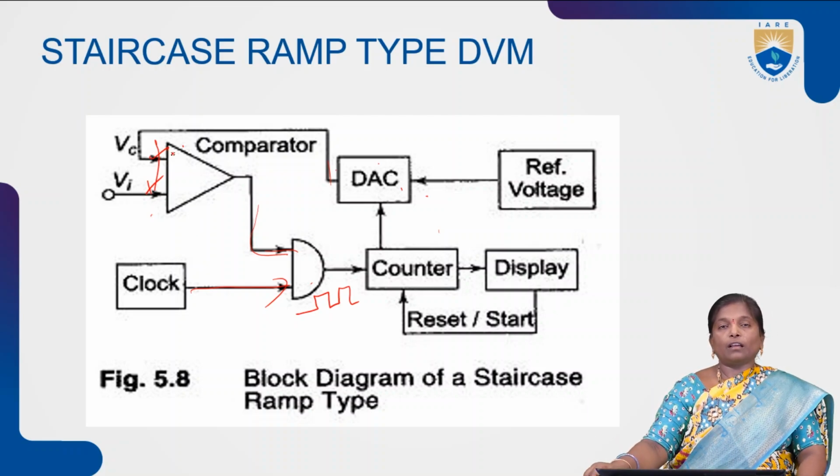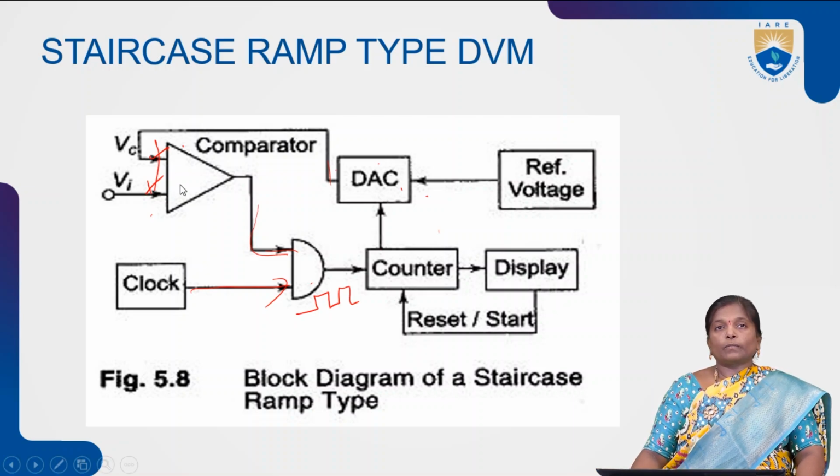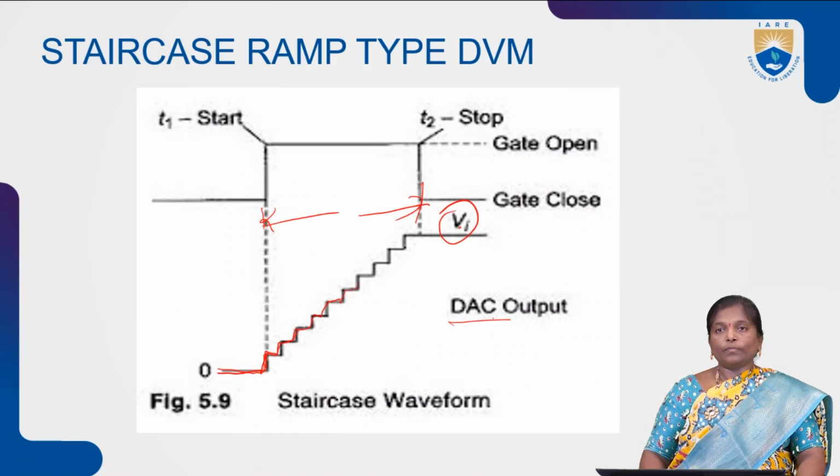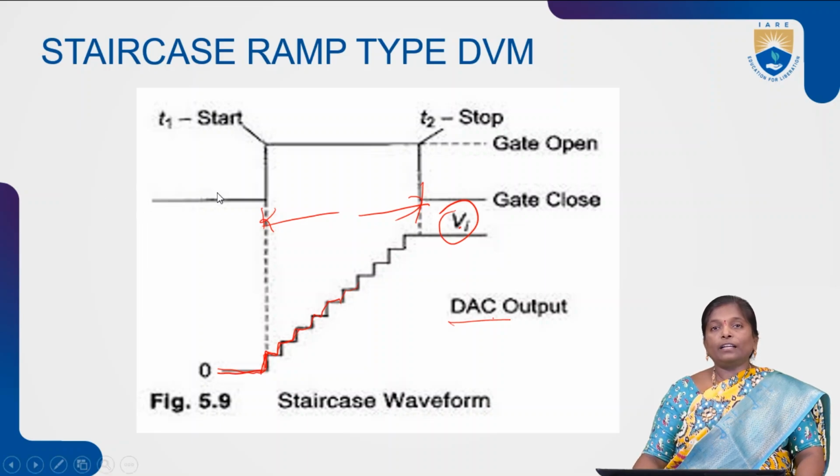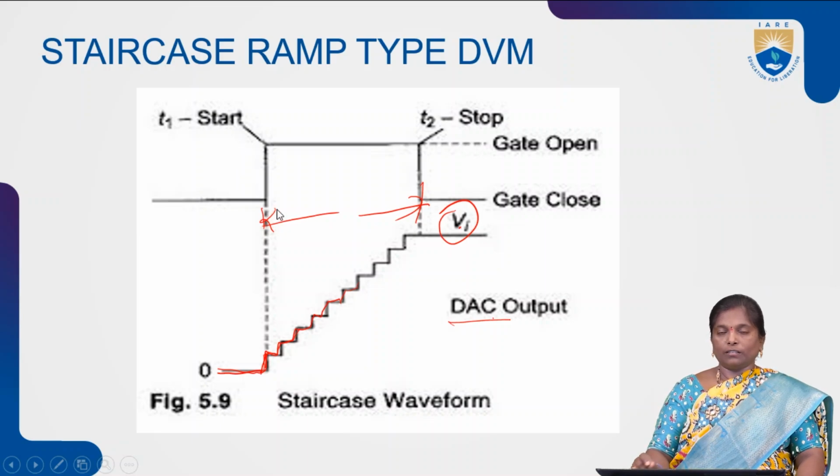How much time is required for the comparator to equate the input voltage with the VC voltage is displayed on the output. The time required for the comparator to equate the input voltage with the output coming from the DAC is displayed on the display unit.